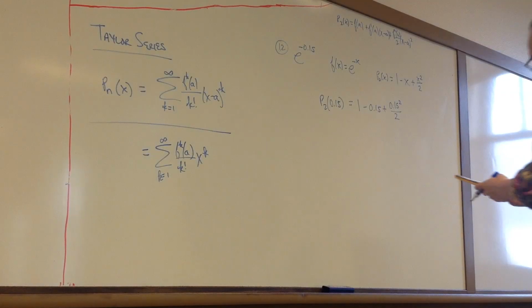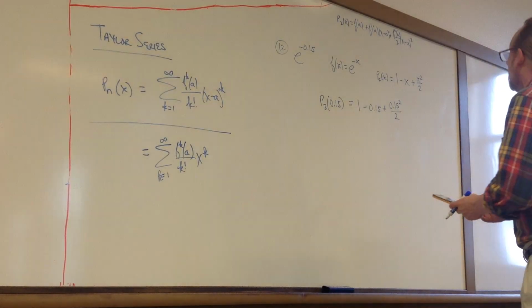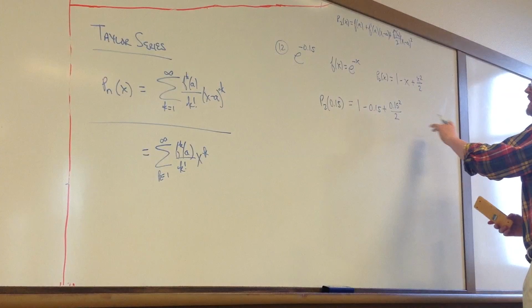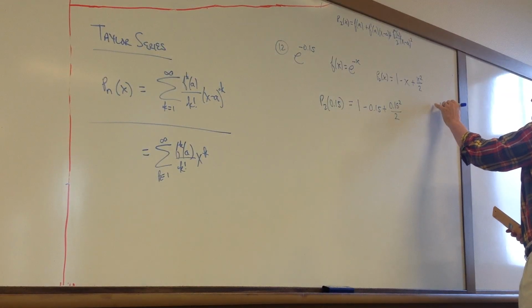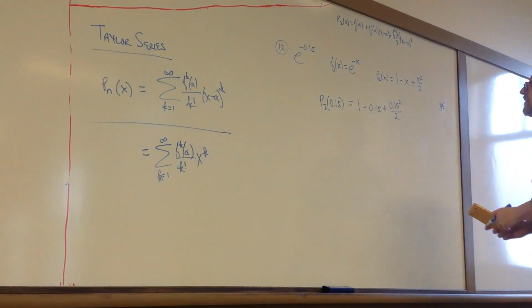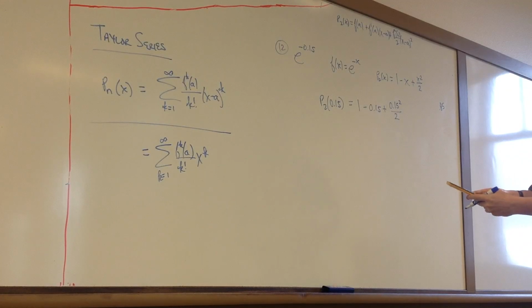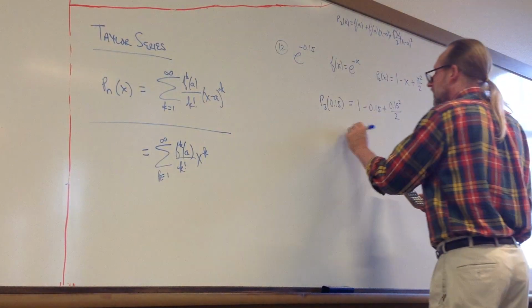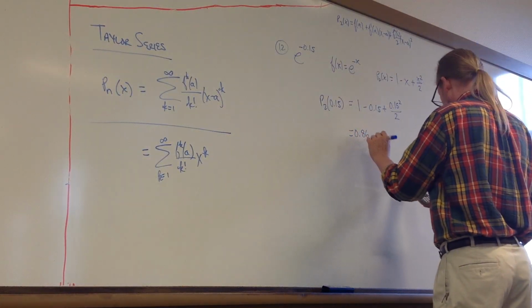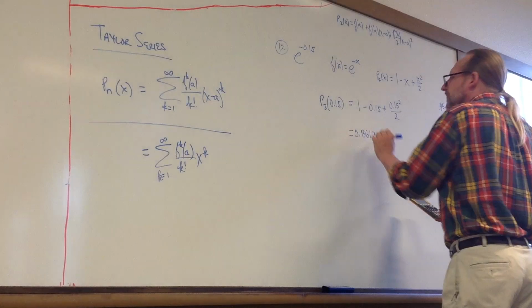So let's see here, 1 minus 0.15. So just right there, you can see the linear approximation is going to be about 0.85. We'll see how close that actually is. Plus 0.15 squared divided by 2. And so that's 0.86125.